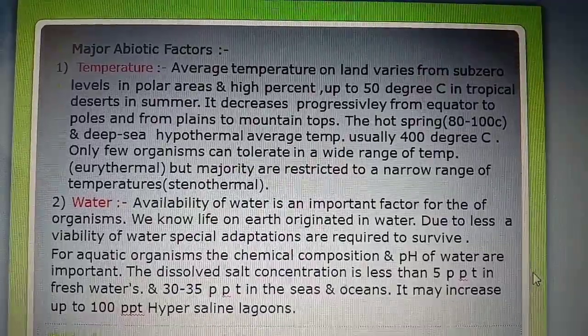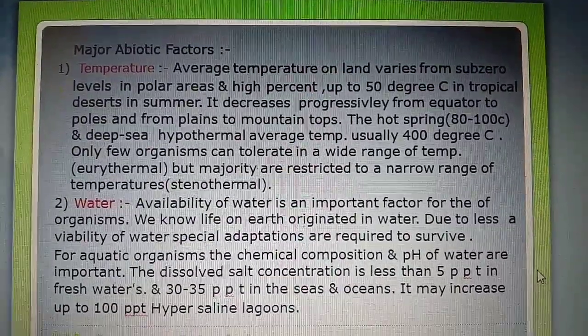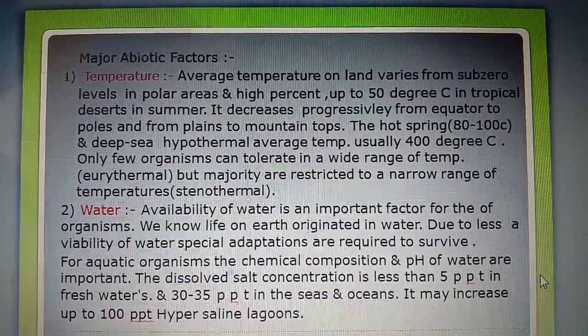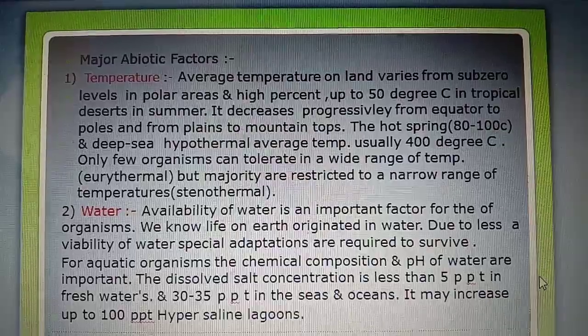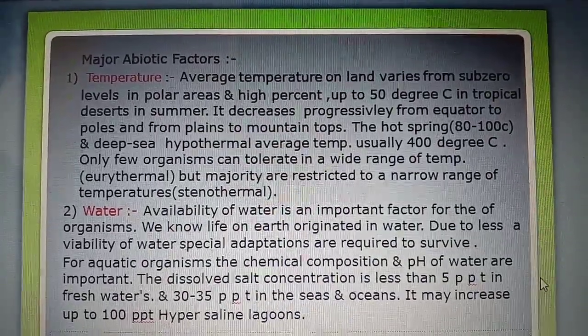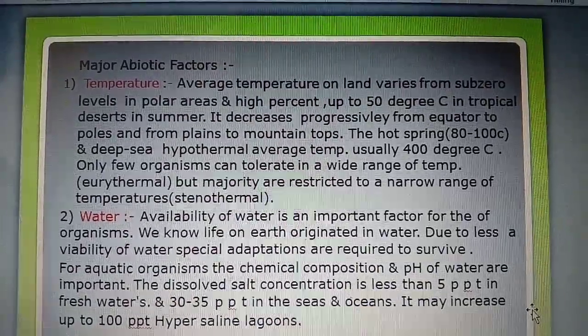In fresh water the dissolved salt concentration is less than 5 ppt. ppt means parts per thousand. In fresh water, the salt concentration is less than at sea and ocean level.